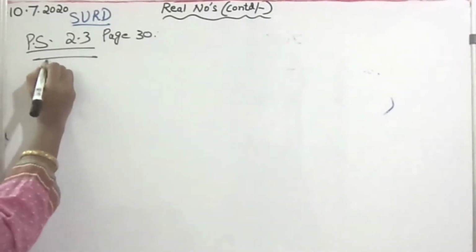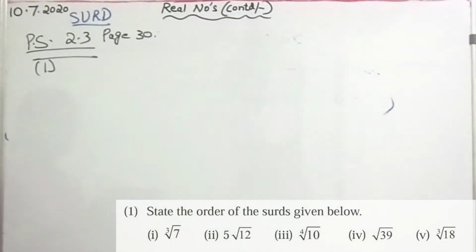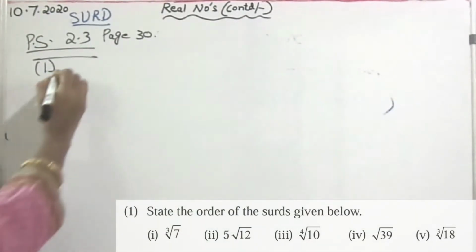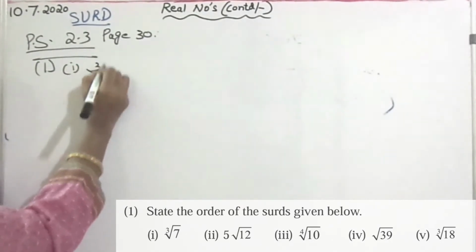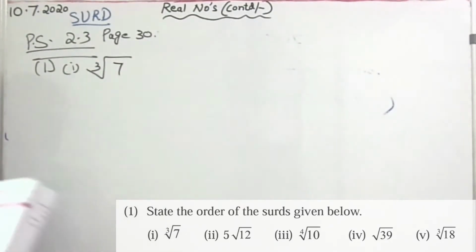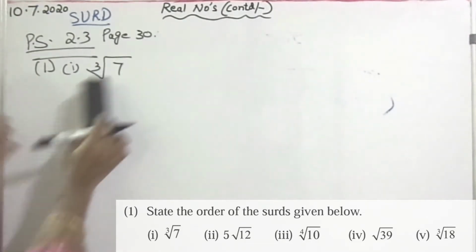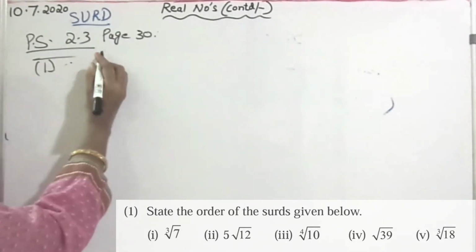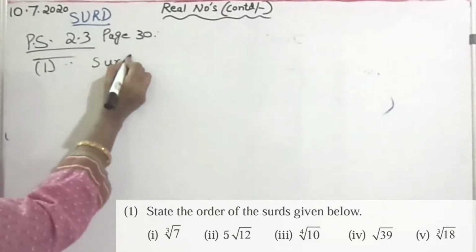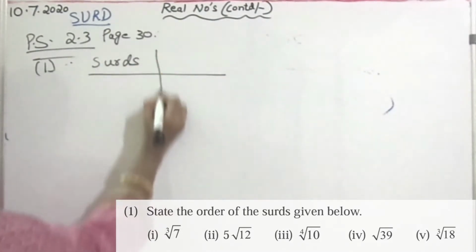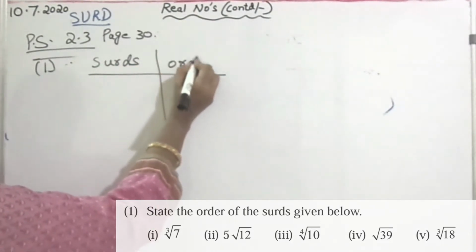The first sum: state the order of the surds given below. The first one is cube root of 7. I will make 2 columns. Here I will write down the surds and here I will write down the order.